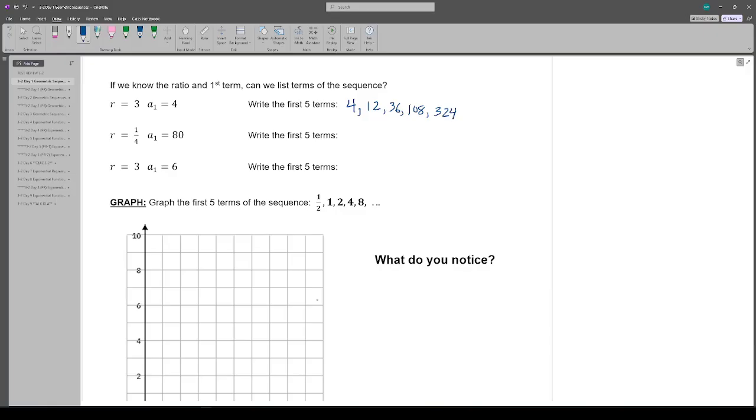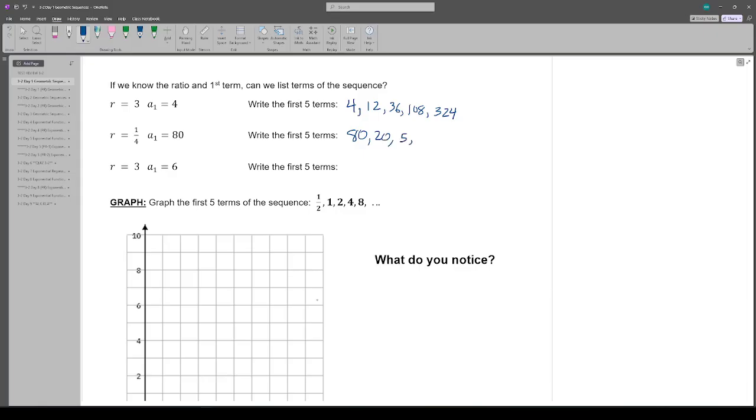Beyond that, it would get a little harder to do by hand, but those first 5 are still within reason. Once we start getting into the thousands, it becomes a little bit harder, or like the example I made up where we're in the tens of millions, that one gets pretty tough. Okay, write the first 5 of this one. We have 80. We divide by 4, so we go down to 20. We divide by 4, we go down to 5.